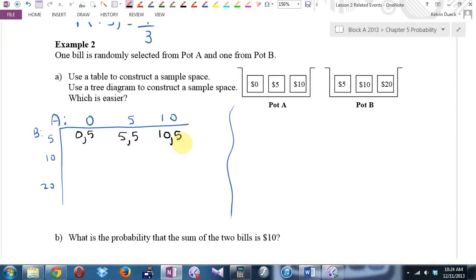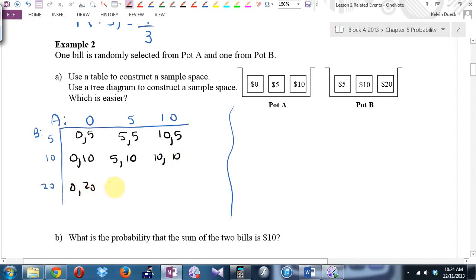You can get a 0 and a 10, a 5 and a 10, a 10 and a 10. You can get a 0 and a 20, a 5 and a 20, a 10 and a 20.